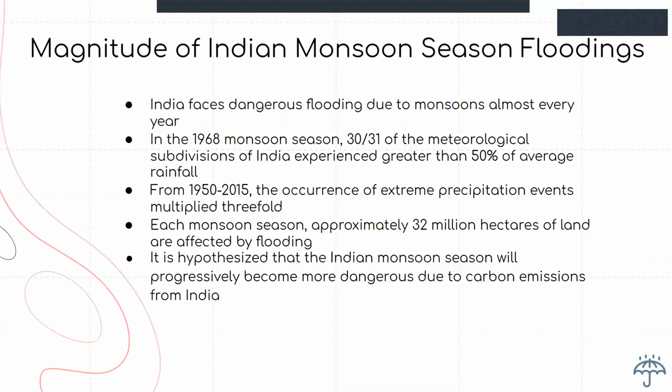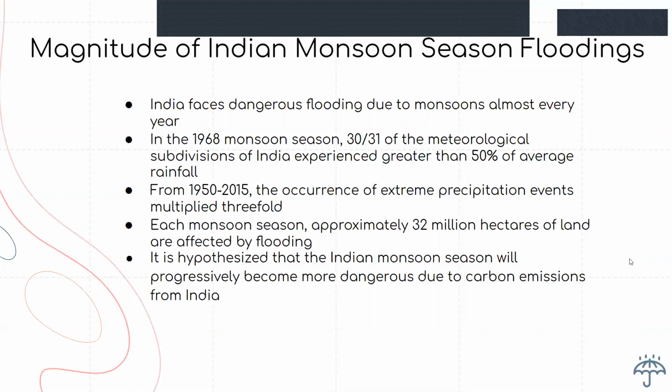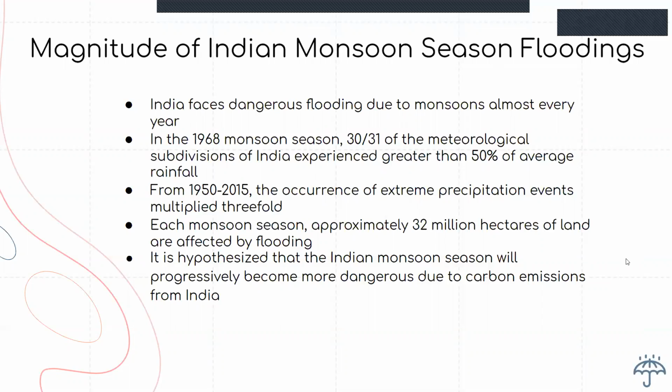During the 1968 monsoon season, 30 of 31 of the meteorological subdivisions of India experienced greater than 50% of average rainfall. Each monsoon season, approximately 32 million hectares of land are affected by the flooding, and it's hypothesized that the Indian monsoon season will progressively become more dangerous due to carbon emissions from India.